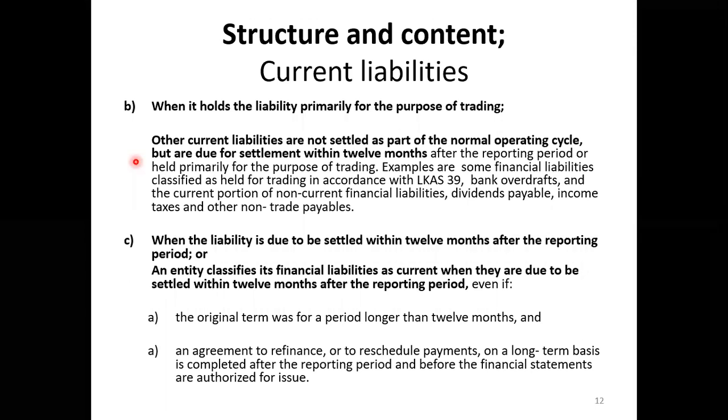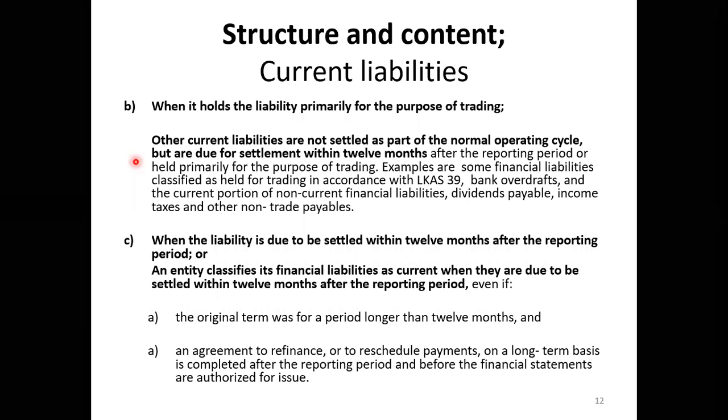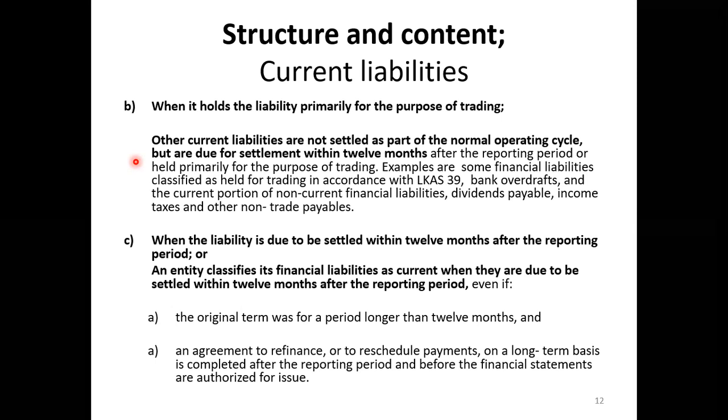Examples are some financial liabilities classified as held for trading in accordance with LKAS 39, bank overdraft, current portion of non-current financial liabilities, dividend payable, income taxes, and other non-trade payables. So these also come under current liabilities.